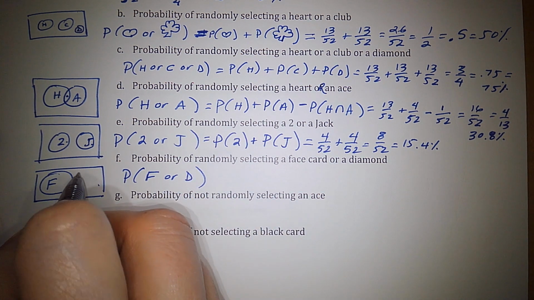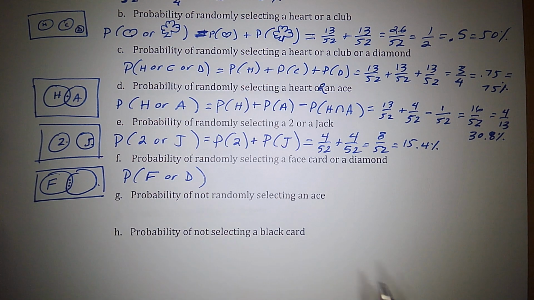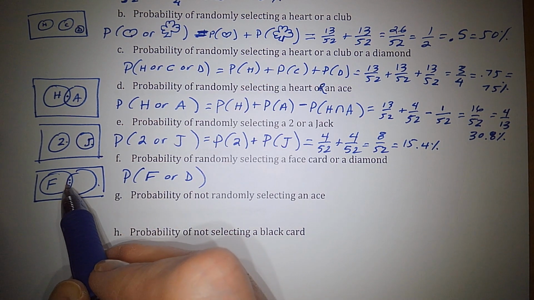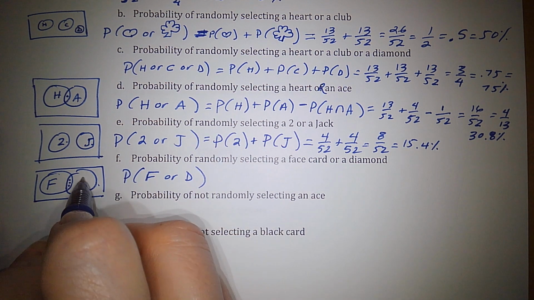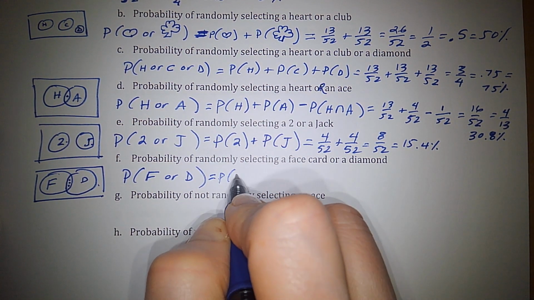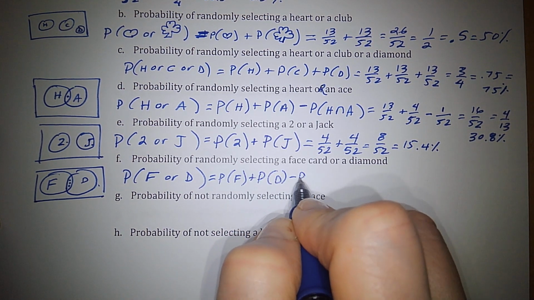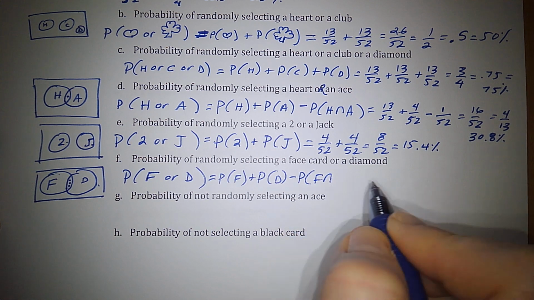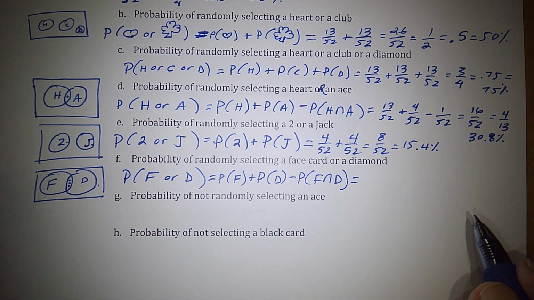And the answer is yes. There are actually 3 of them. Okay, there's the Jack, Queen, and King, all of diamonds. These are not mutually exclusive, so I'm going to take the probability of the face cards plus the probability of the diamonds, but I have to subtract out the probability that a card will be a face card and a diamond at the same time.